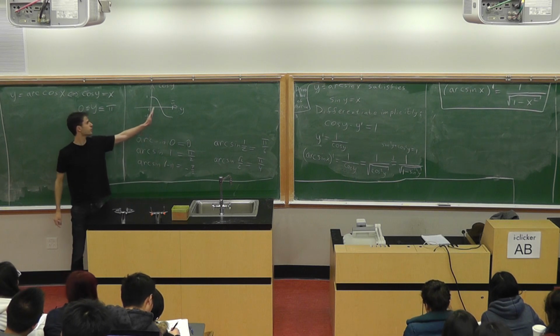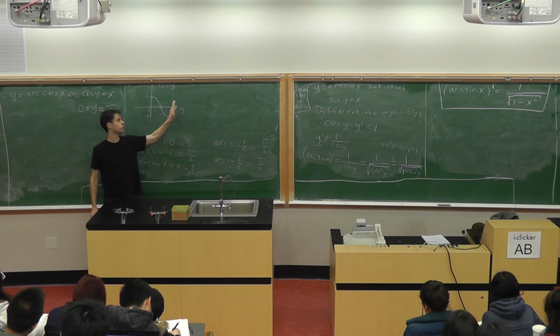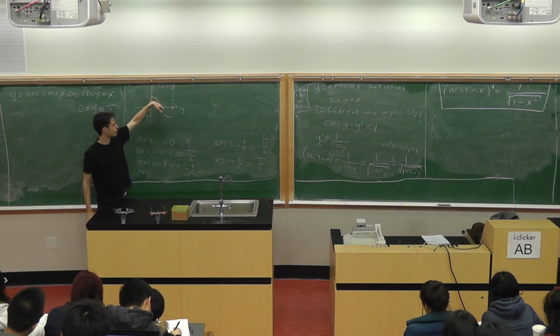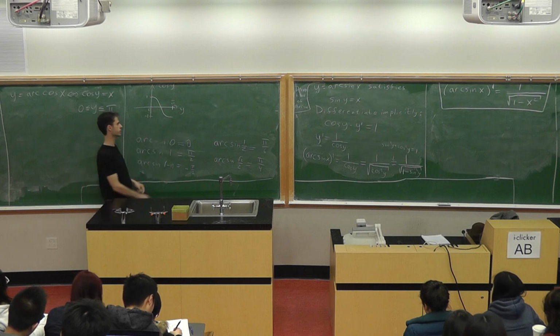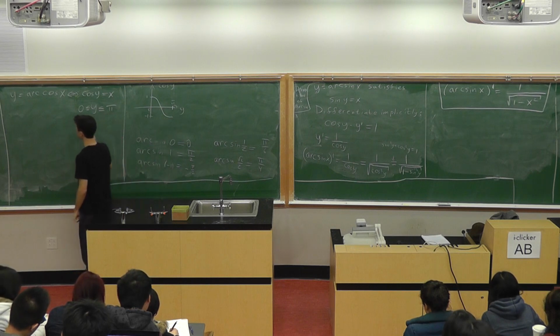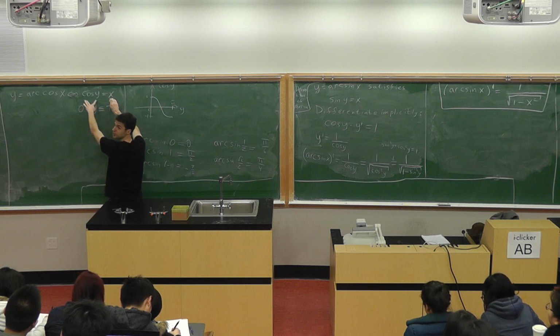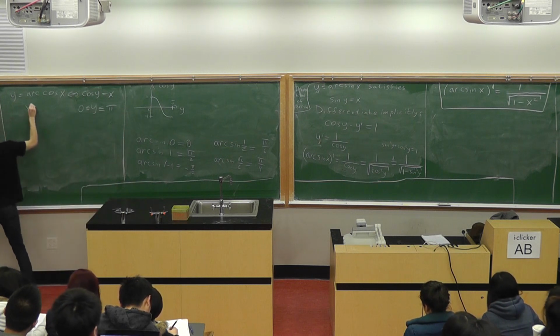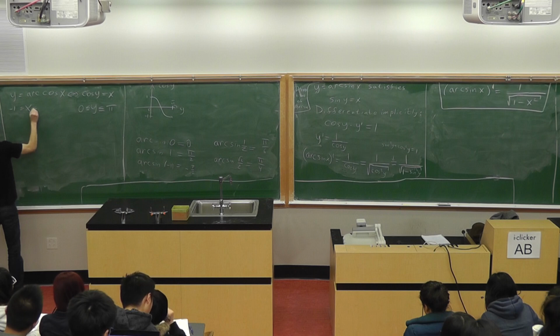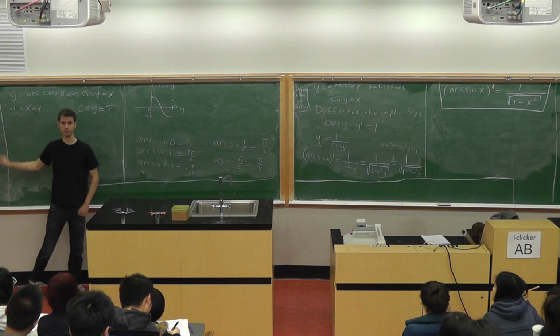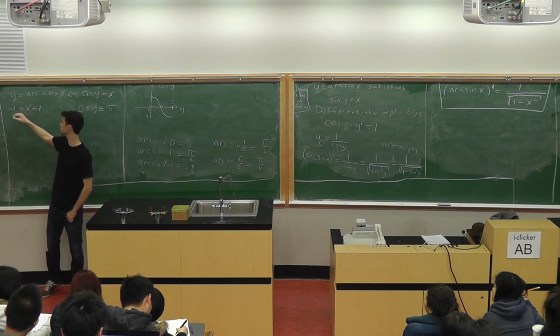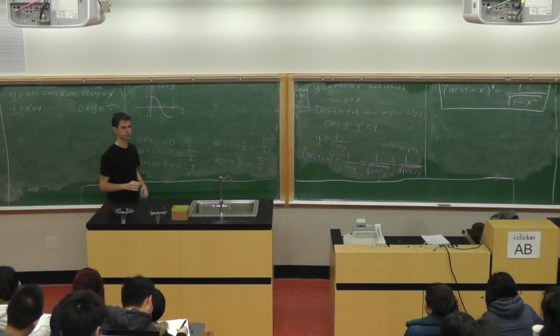So on this interval from 0 to pi, the cosine goes over all possible values for the cosine. And also, same problem. Not every number is cosine of some number, only numbers between -1 and 1. So once again, the domain of this function is for x between -1 and 1.